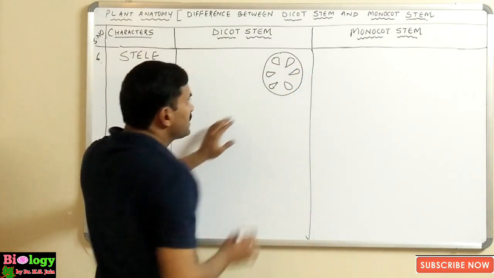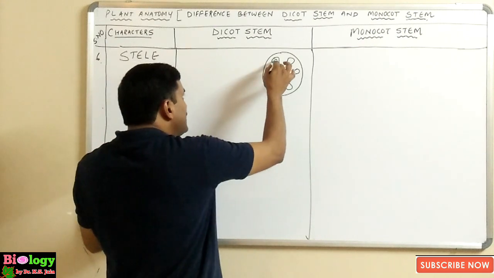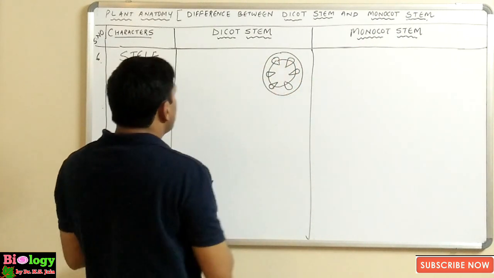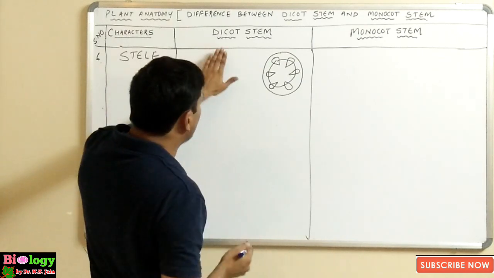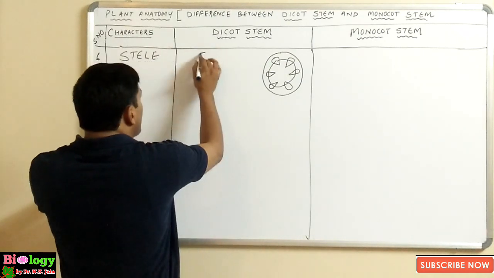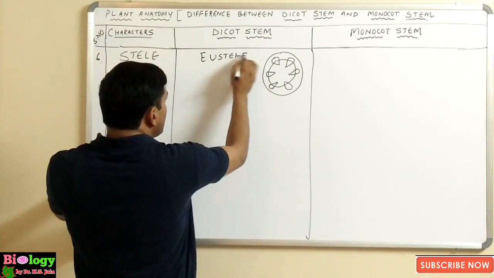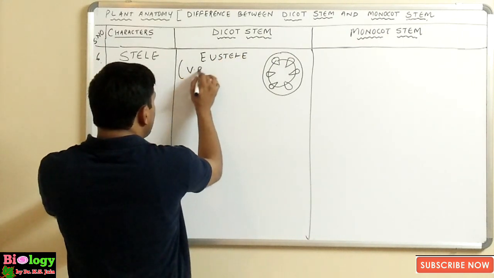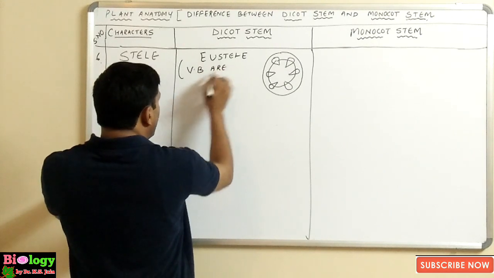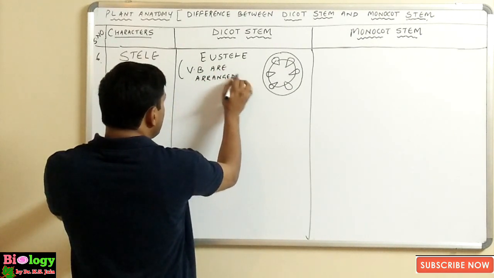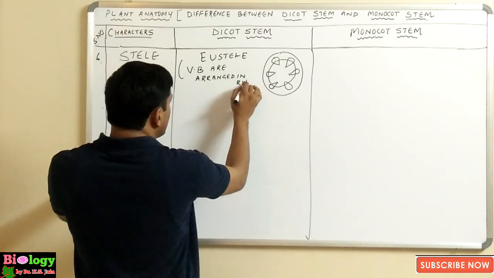You can see that here the vascular bundles are present in a ring, and such a stele which is found in the dicot stem will be called as eustele. What is eustele? Vascular bundles are arranged in a ring.